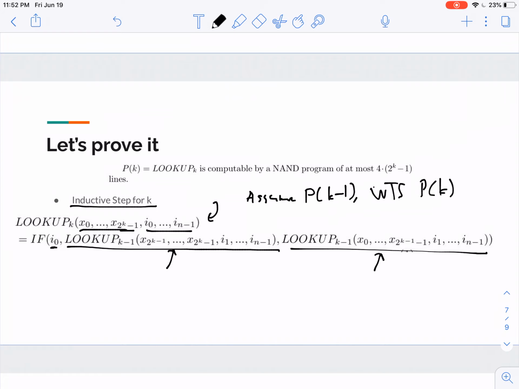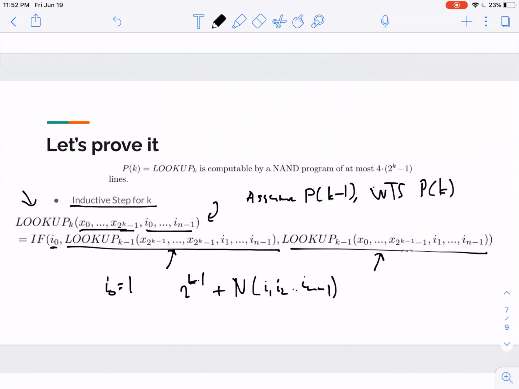Well, if I0 equals 1, then this lookup k statement is asking for the element at the 2 to the k minus 1 position plus the numerical value of the binary string I1, I2, dot dot dot, I n minus 1, right?